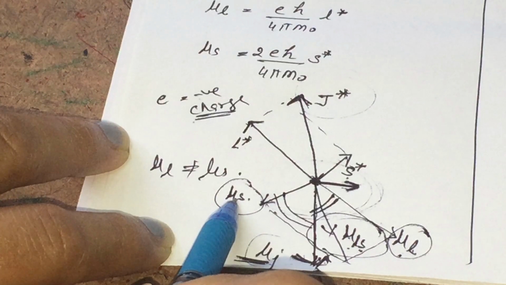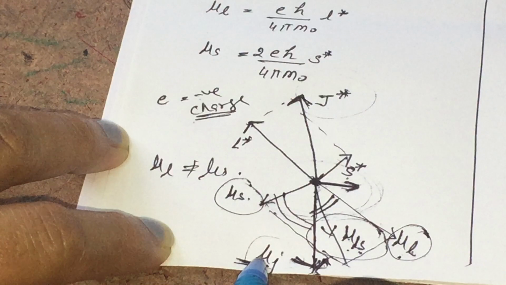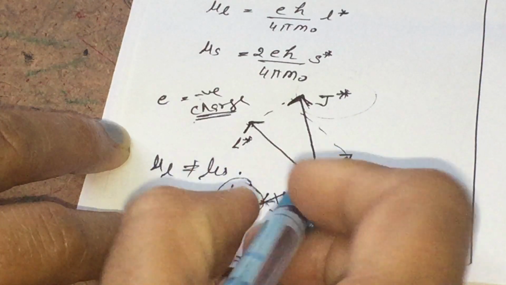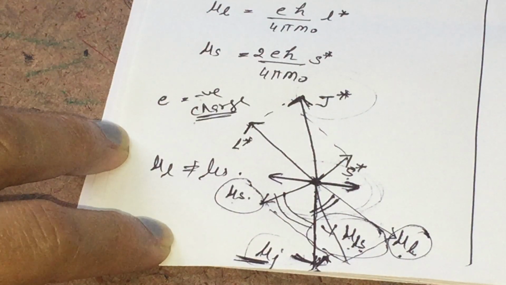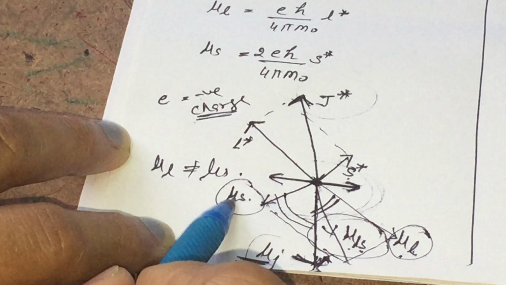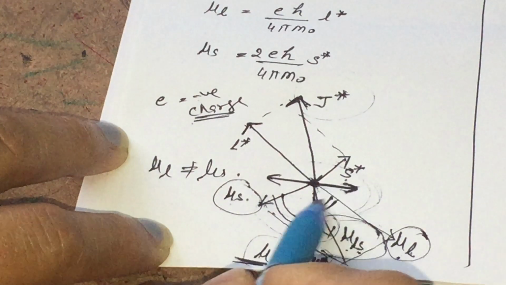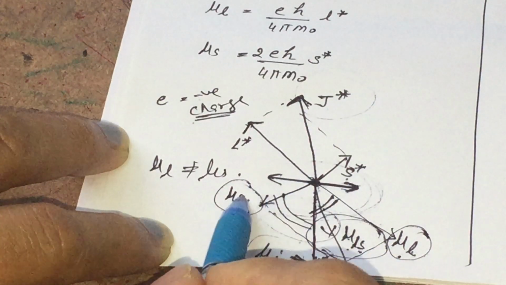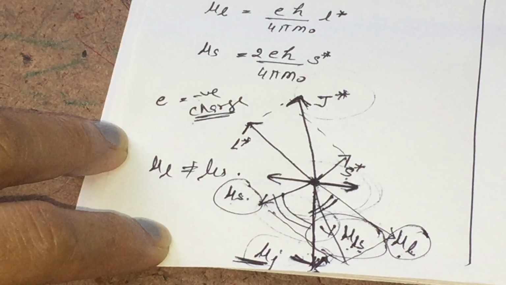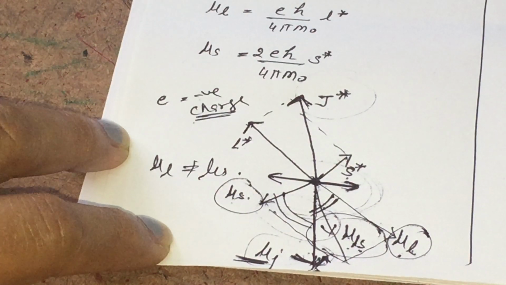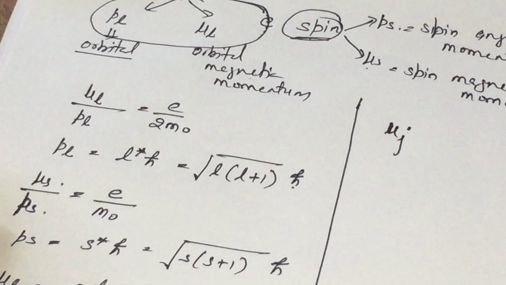Similarly, if we take the horizontal component of mu_S in the direction of mu_J, we get the vertical component perpendicular to it. As this magnetic moment is moving around our resultant magnetic moment, due to this rotational effect of mu_S around mu_J the vertical component will cancel, and the total net vertical component will be equal to 0.